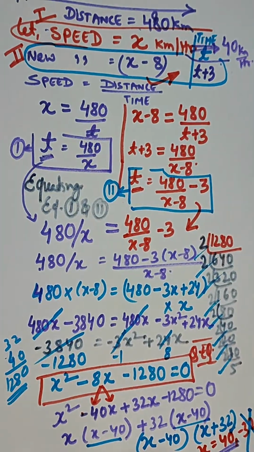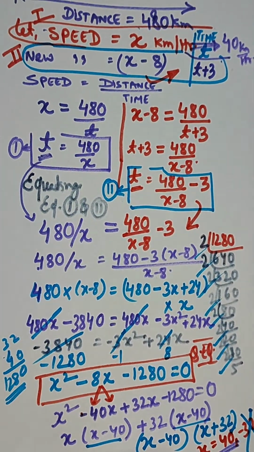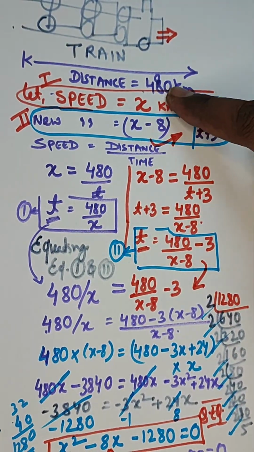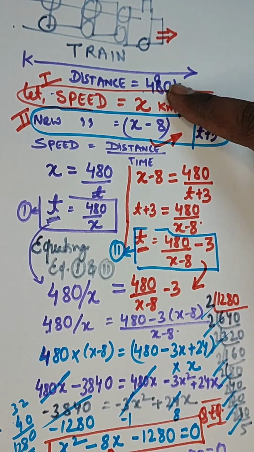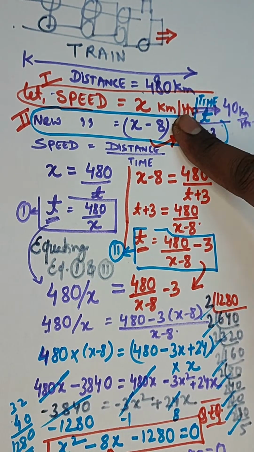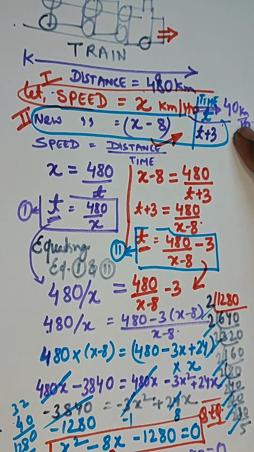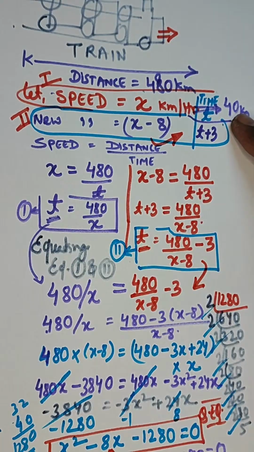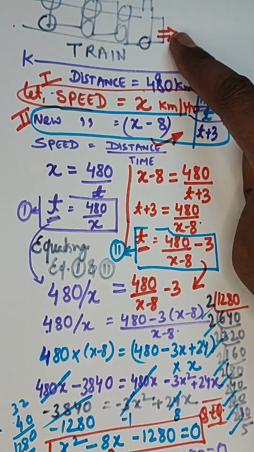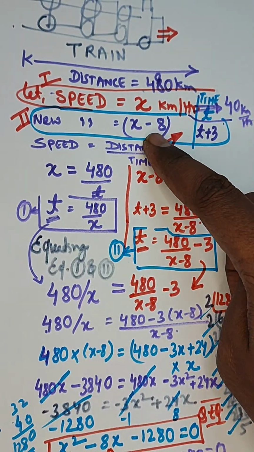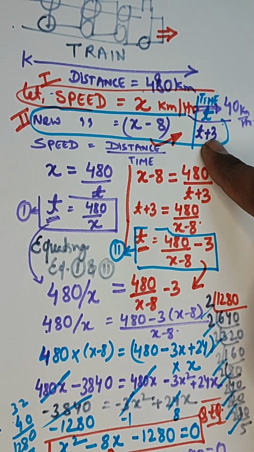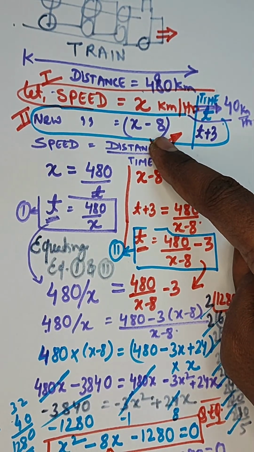So my dear friends, the question was that a train which covers a distance of 480 kilometer at a uniform speed, we have assumed that uniform speed as x, which finally we calculated as 40 kilometer per hour, right? And it has been given that the same train would have taken 3 hours more when it travels at a speed 8 kilometer per hour less, right?